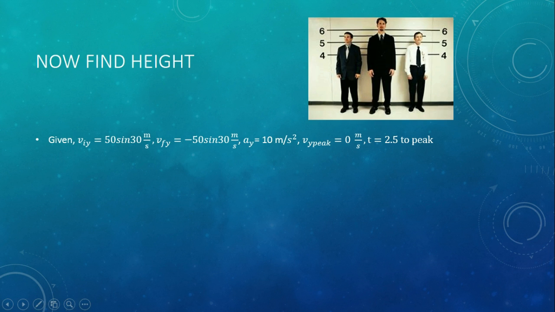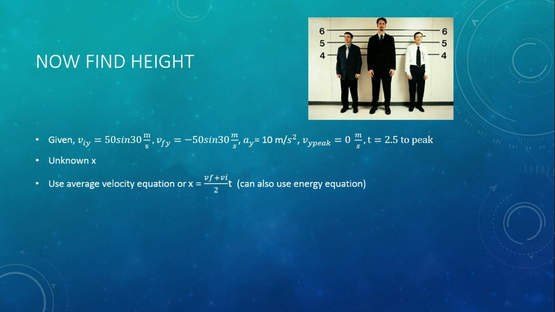So now that we know the time, we can solve for the height. We have the initial velocity here, final velocity, acceleration, peak velocity, and now we have the time. So this is our new information, time to peak, which is half the time of the overall thing. In fact, we could have solved for the height without time, but if we know the time, it gives you more options. I'm going to use the average velocity equation here, but you could have used the energy equation without even knowing time.